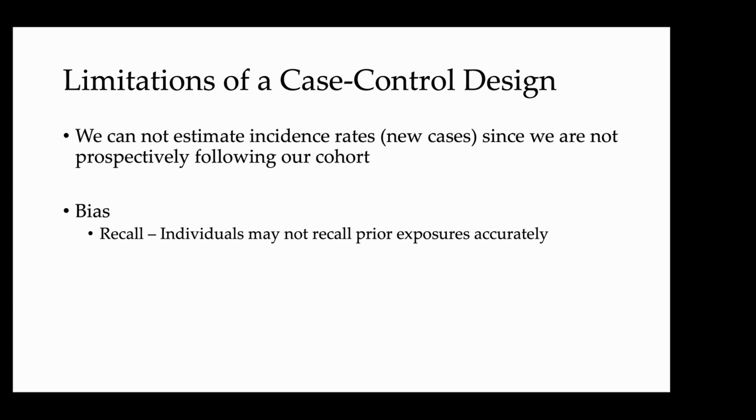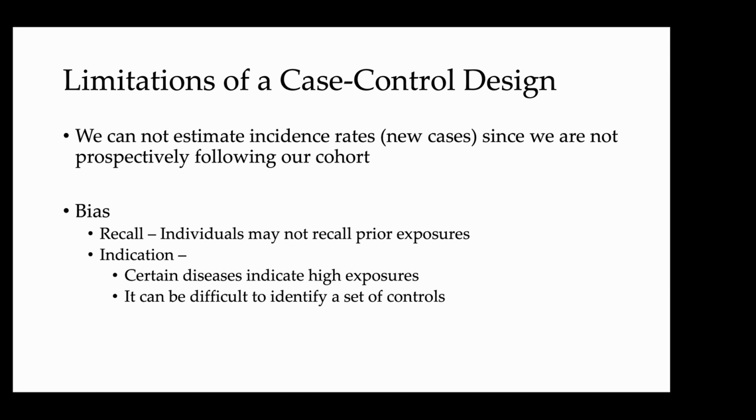That will cause problems later on if you're trying to determine who was exposed and who was not exposed. Also, bias by indication can occur when certain diseases are not necessarily causally related with certain exposures, but high exposures are seen with certain diseases.